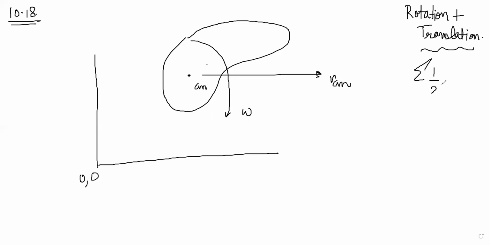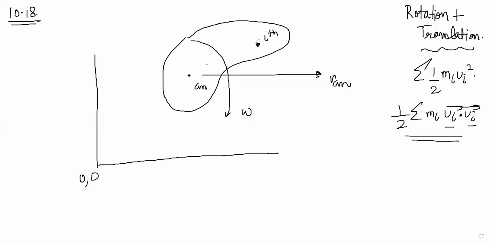It is summation of half mi vi square, or basically half mi vi dot vi. Vi dot vi gives vi square. So basically, you have to track the ith particle, find its velocity, do the vi dot vi thing, and do it for all such particles.